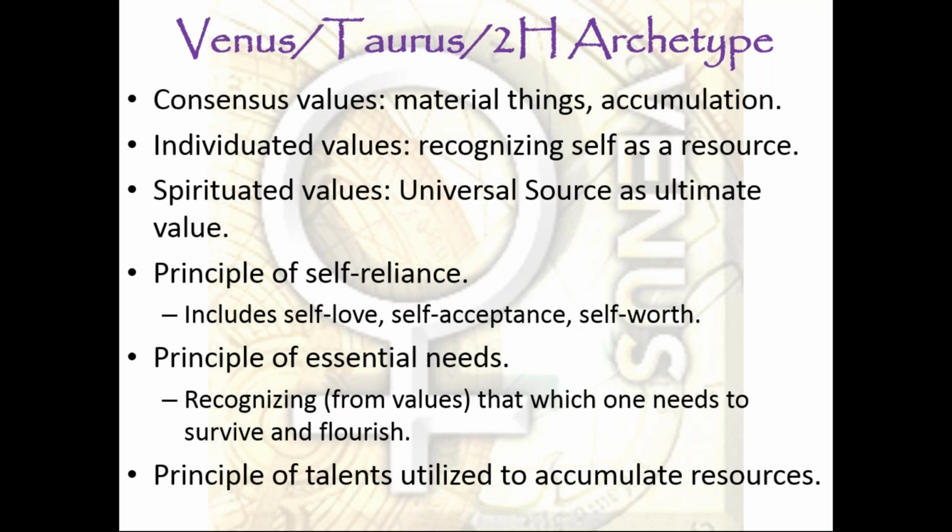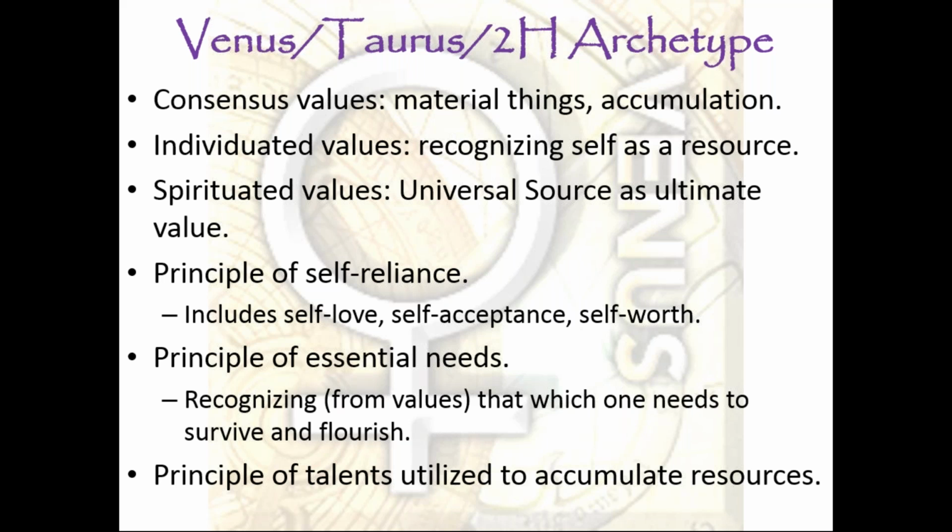It is the accumulation of the material things. How much money can I create in my bank account? How big can I make my house? How much food can I have in my cupboards? How many pairs of shoes can I own? This is what gives us value. Therefore, it's what we perceive we need and desire.